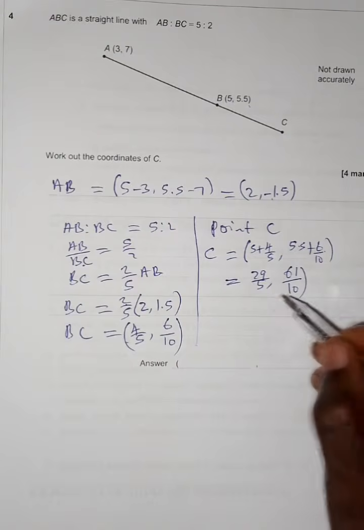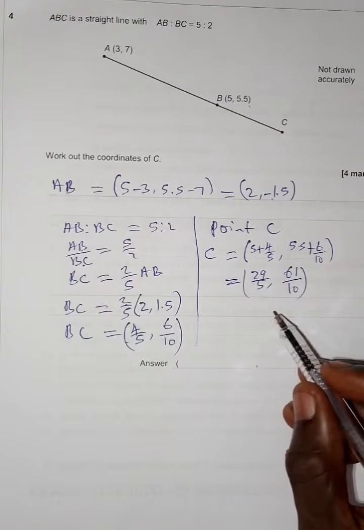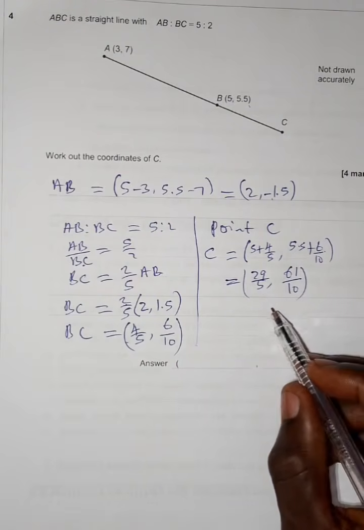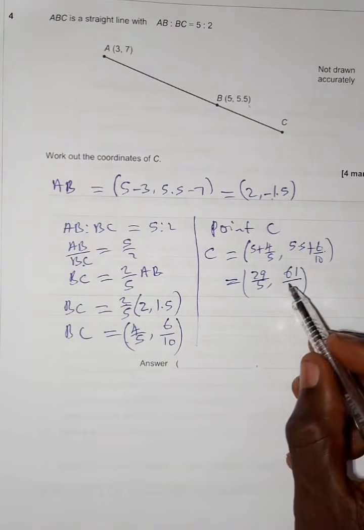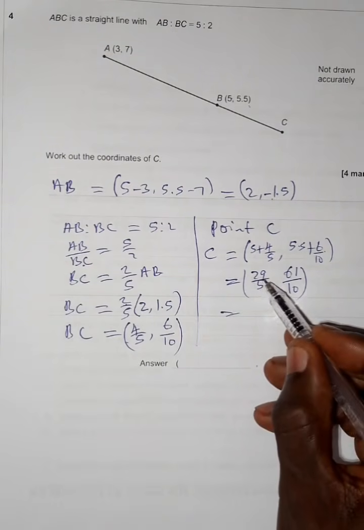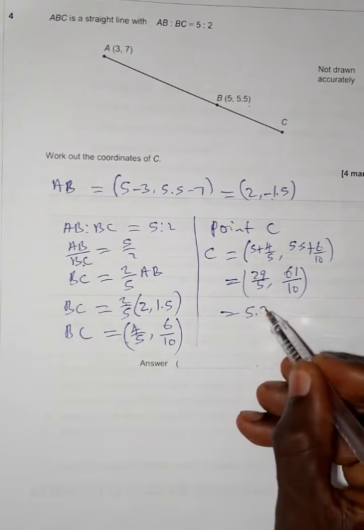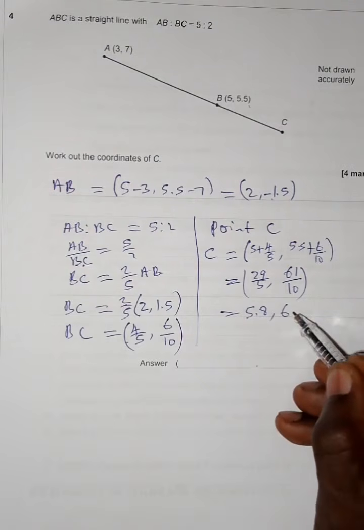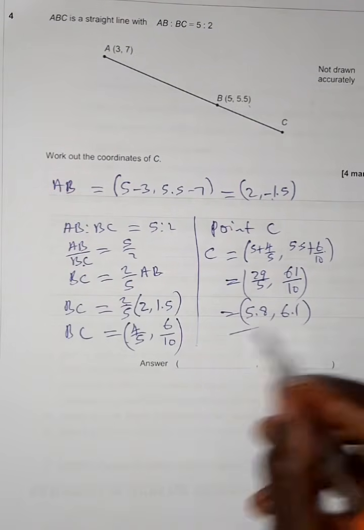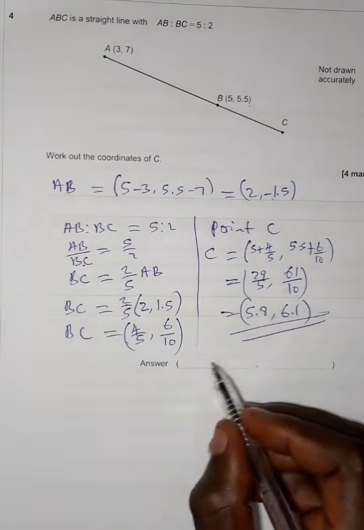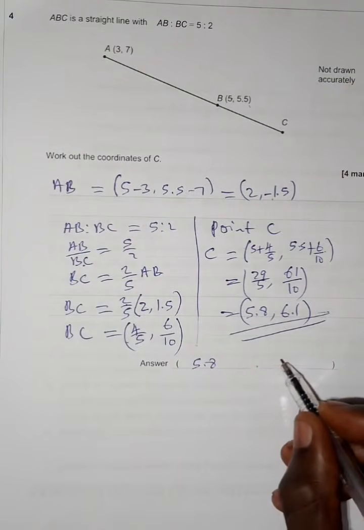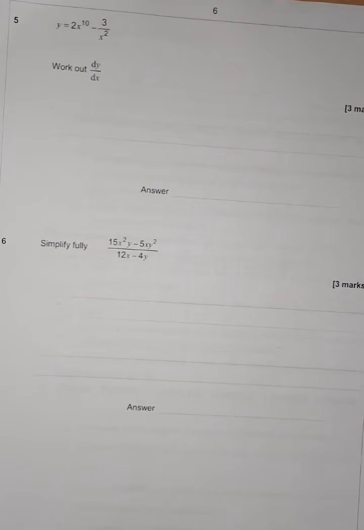We can decide to reduce this to decimal places, which will be, when you divide this, 5.8 in bracket, comma, 6.1 as the point at C. So here is 5.8 and here is 6.1. Okay, we proceed with the next question.